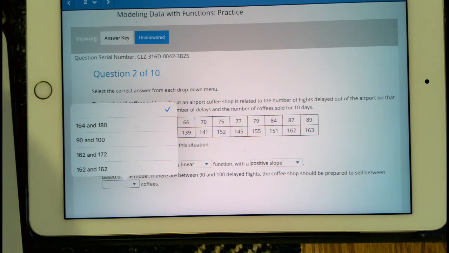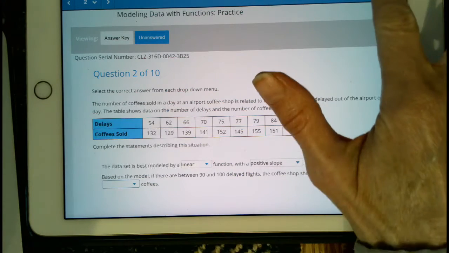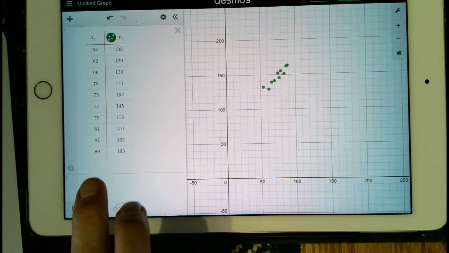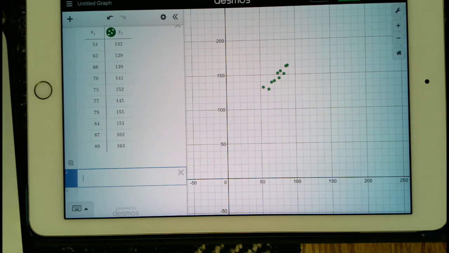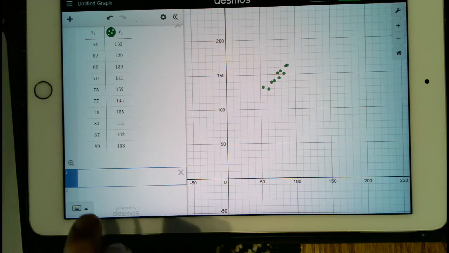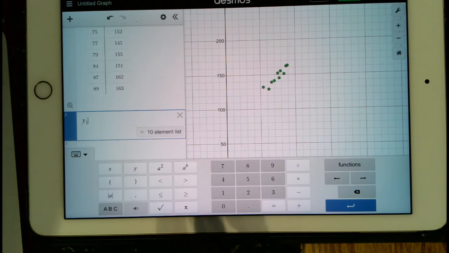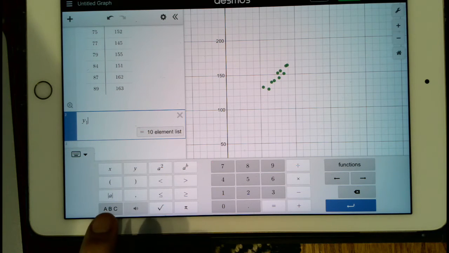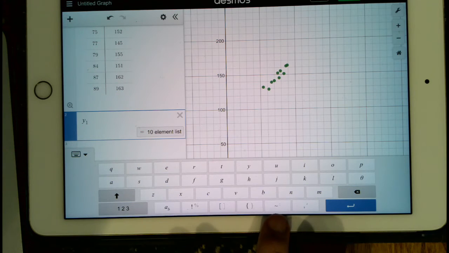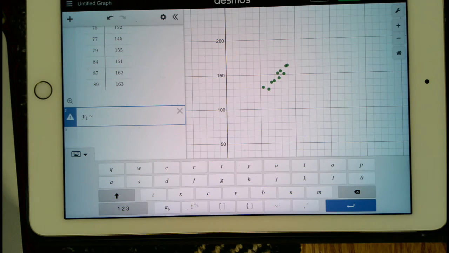But before we do, we're going to go back to Desmos, and on the next line, we're going to type in the slope-intercept equation, which is y equals mx plus b. When you type this in, we're going to type in y1, and then I'm going to go to ABC, because we have to type in this symbol right here, which to me is approximately.